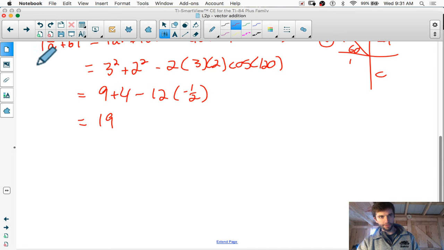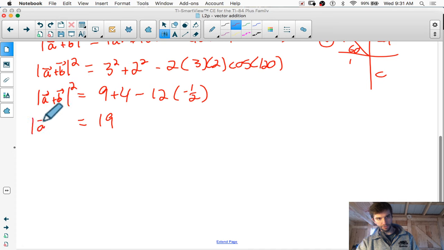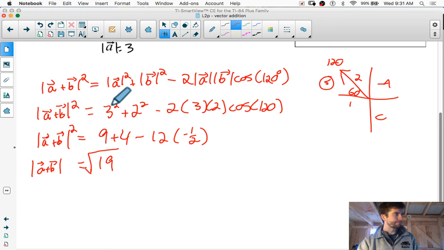So keep in mind, this is what the magnitude of A plus B squared is equal to. So if I actually want the magnitude of A plus B, I have to move that squared over by square rooting. So I get root 19. So the magnitude of A plus B is root 19.